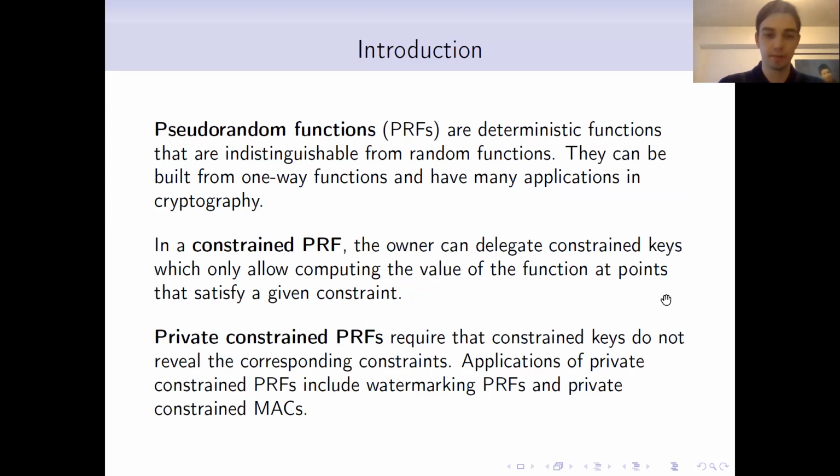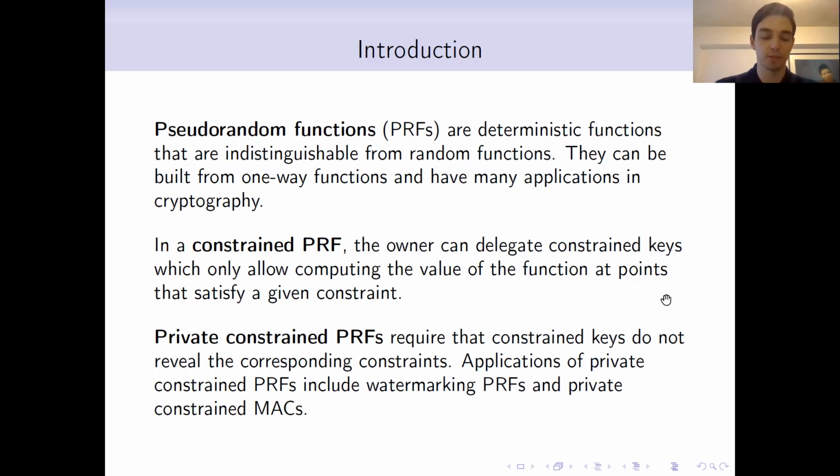In a constrained pseudorandom function, the owner can generate constrained keys, each corresponding to a constraint over the input space, and one of these keys allows its user to compute the value of the PRF only at the points that satisfy that constraint.